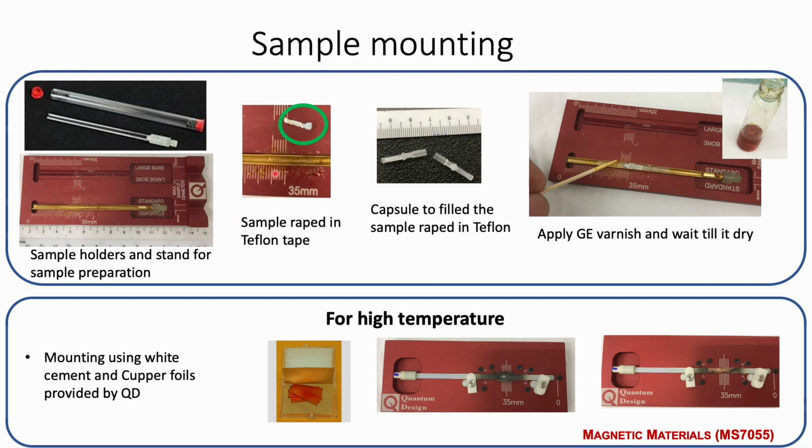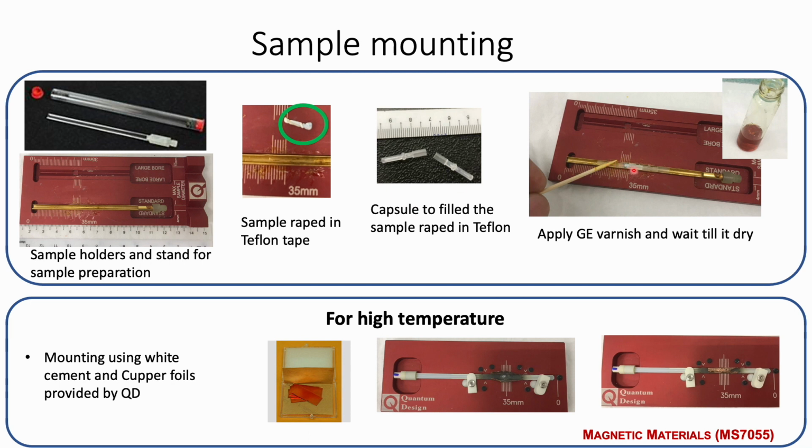To prepare the powder sample, we first wrap it in Teflon tape and then put this wrapped sample inside the polymer capsule. These capsules are specially designed to be non-magnetic, and we can use them especially for low temperature measurement up to 400 Kelvin.